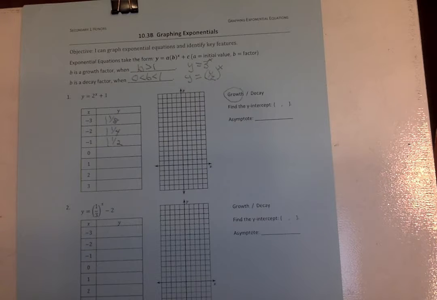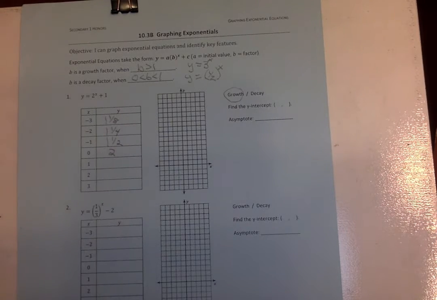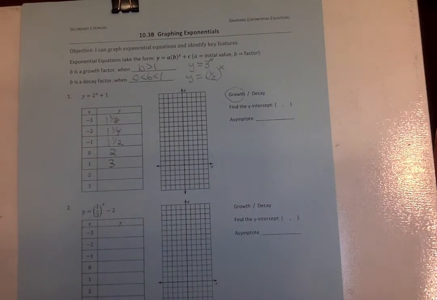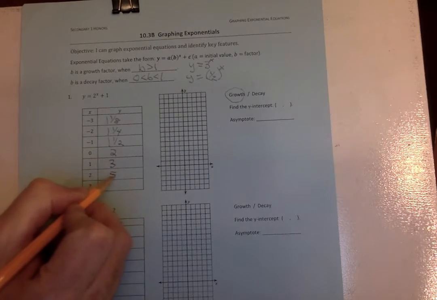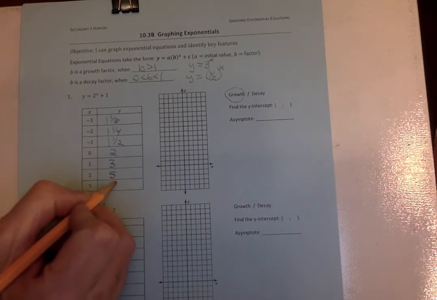Next, if I put 0 in there, 2 to the 0 is 1 plus 1 is 2. If I put 1 in there, 2 to the 1 is 2 plus 1 is 3. If I put 2 in there, 2 squared is 4, plus 1 is 5. The next one, 3, 2 to the 3 is 8, plus 1 is 9.